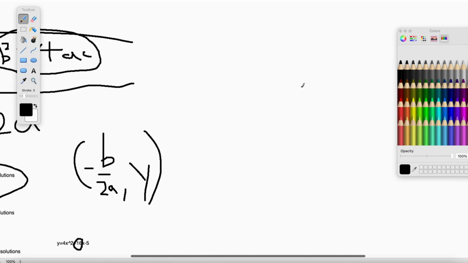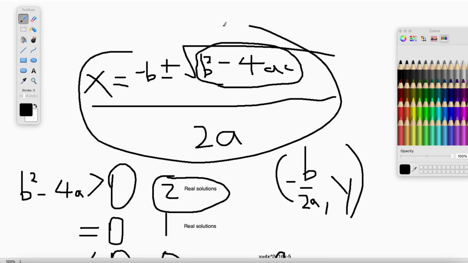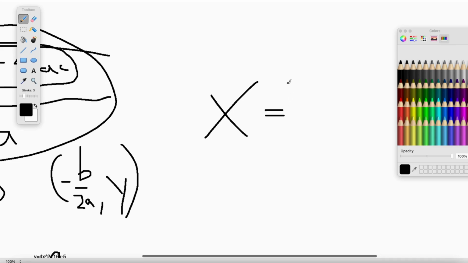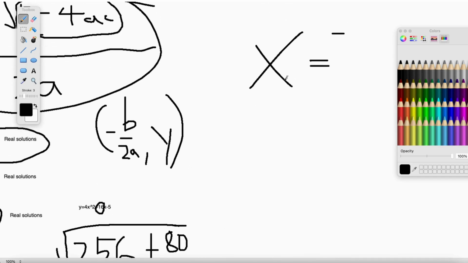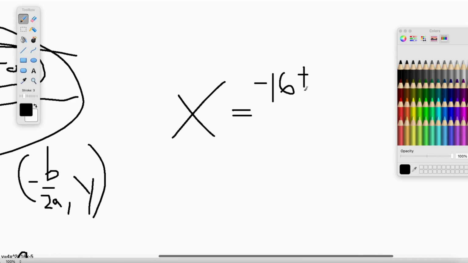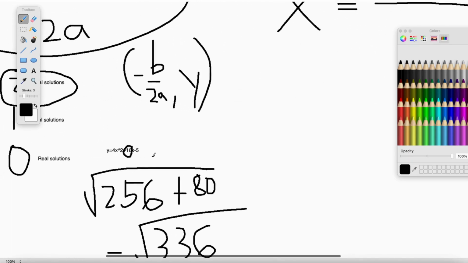And let's insert the rest of the variables here. So x equals negative 16 plus or minus the square root of 336 over 8.